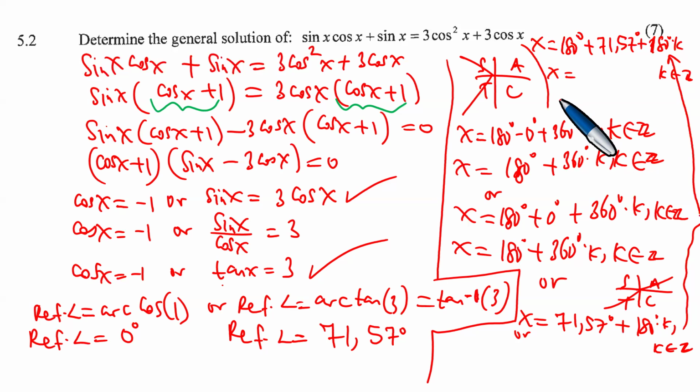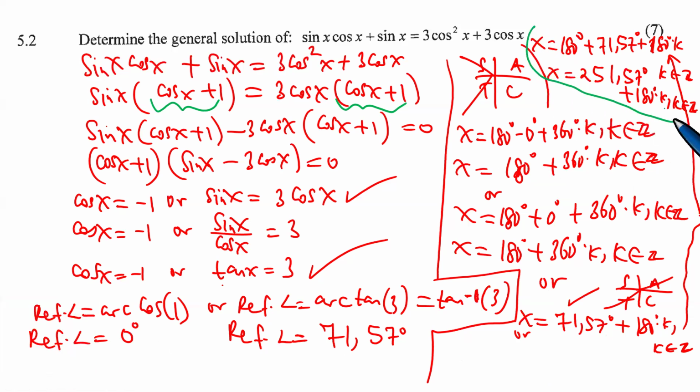Let's make sure we cross-check our things. So we have 180 plus 71.57 degrees, and it is 251.57 degrees plus 180 degrees times k, k in Z. Pay attention and note that at this point, this solution is enough, and this one you can leave out in the exam.